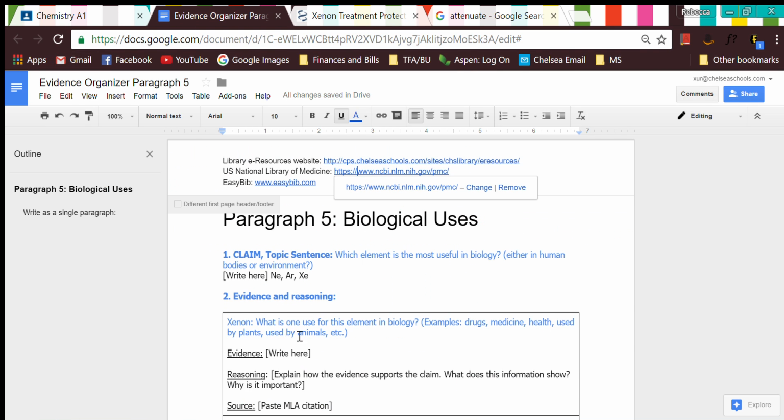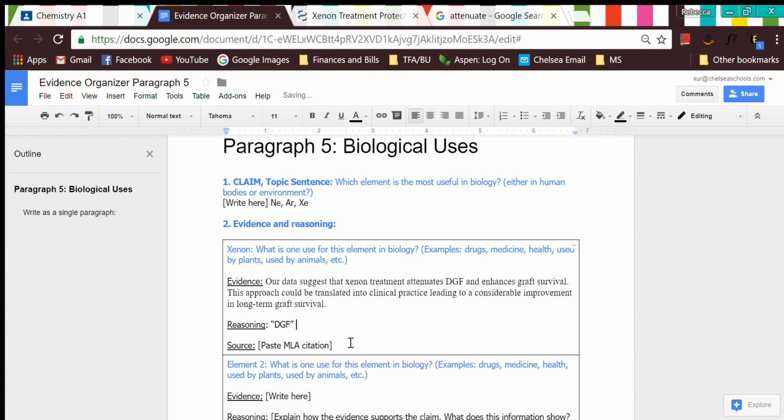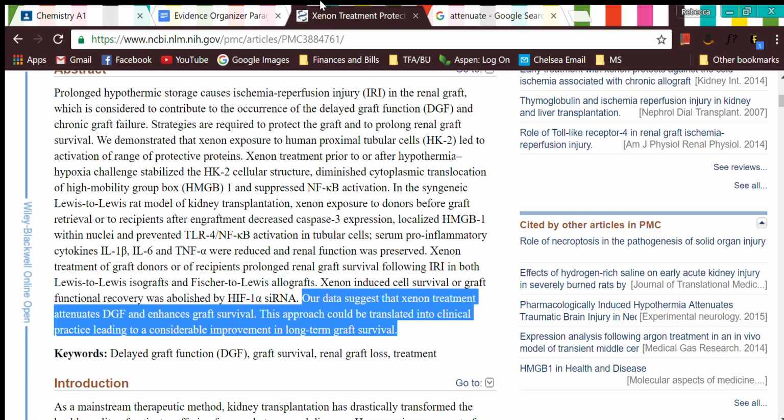So you copy, paste, and then in your reasoning, you probably first have to explain what this is even saying. So let's start by defining the words that you had to look up yourself. Maybe you can say DGF describes chronic graft failure.